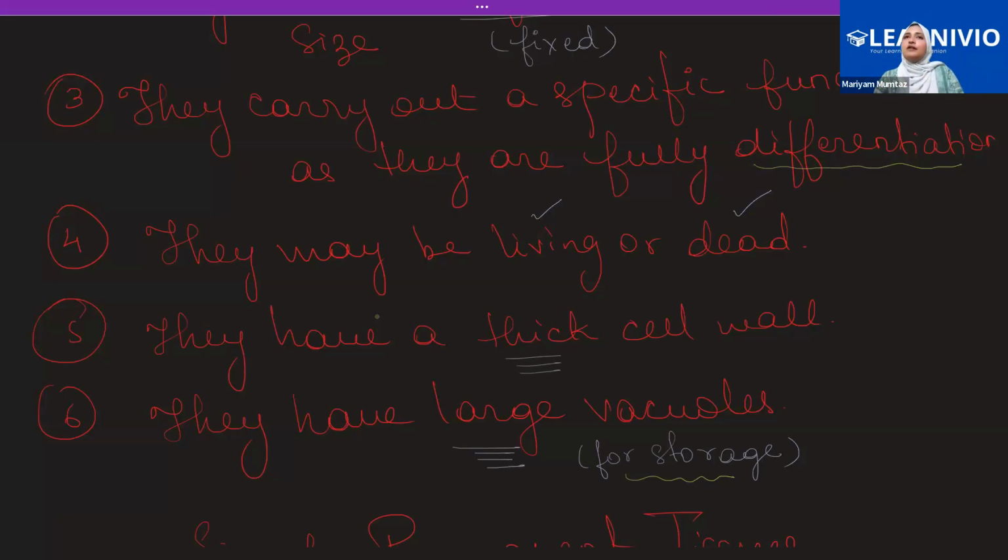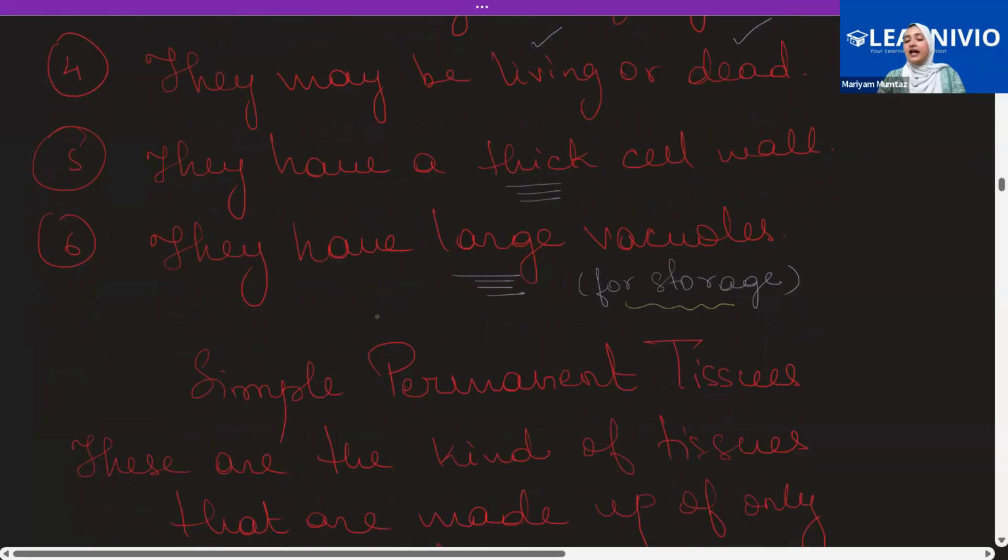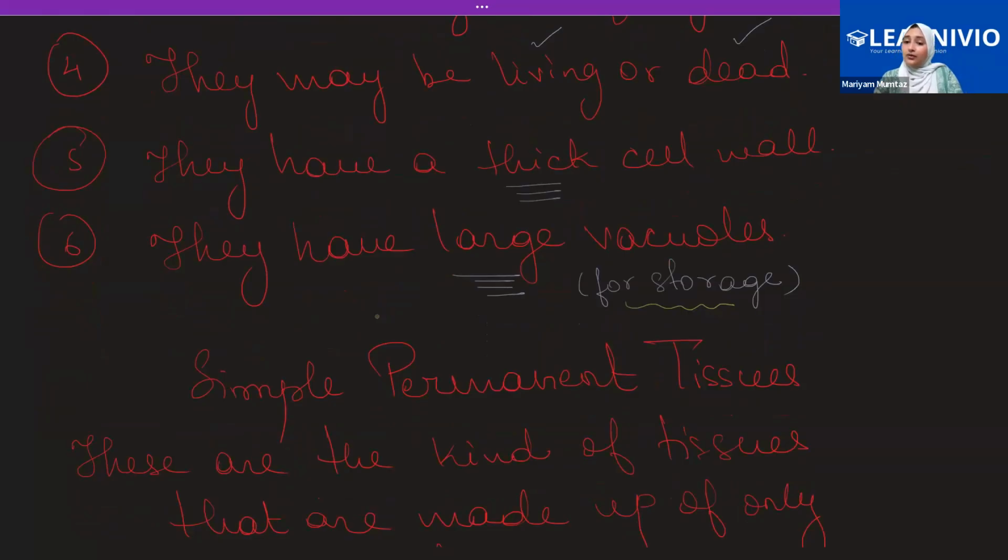Now, just like when we were talking about the meristematic tissues, they were thin walled, made up of cellulose. But here, the cells of the permanent tissue will be thick walled. They will have a thick cell wall and a large vacuole. Since they do not divide, they need the vacuole for storage purposes. The majority of the work that they will be doing is particularly storage.